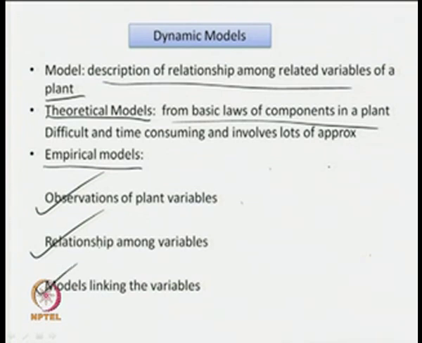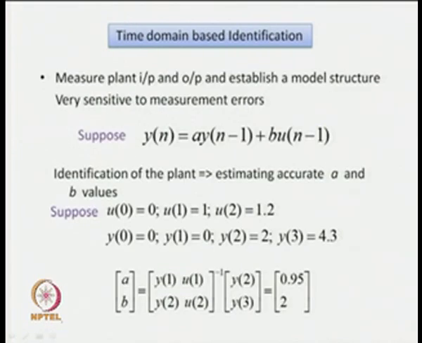Now, we shall go to some identification techniques. We shall study some time domain based identification of dynamics of a real time process. Let us consider we have some unknown process denoted by 1 upon denominator d(s).